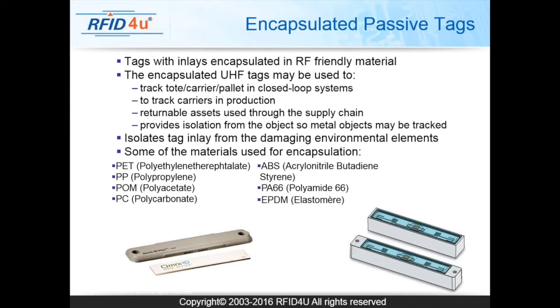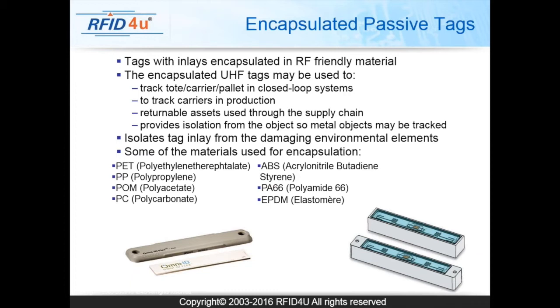And then the encapsulated tag may be used on whatever you want. You can put it into laundry tags so they can go through the laundry. You can put them into autoclave encapsulation so they can go through autoclaves, high temperature, etc. Also, if you're going to put a tag onto metal, as we talked about earlier, there are issues with metal and UHF.